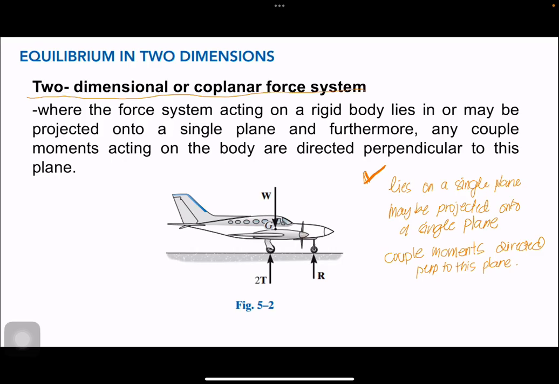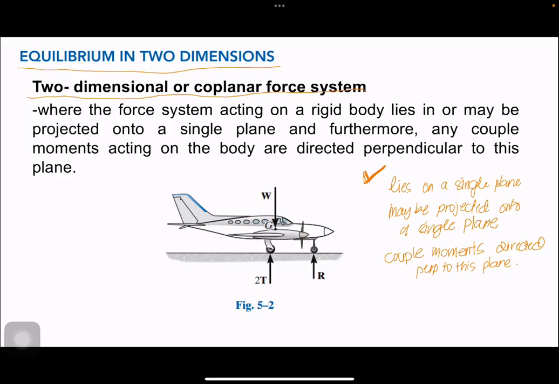Now, if we consider that this two-dimensional or coplanar force system is in equilibrium, then we say that this is equilibrium in two dimensions. An example of this is this airplane.